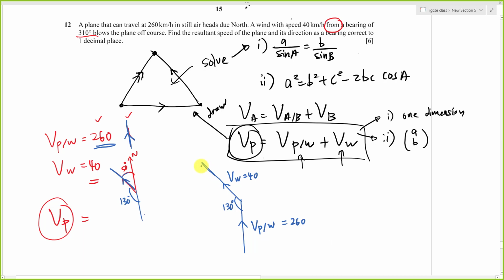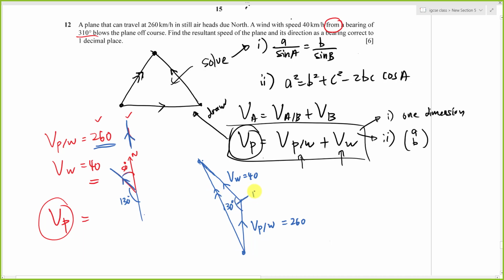Just draw any length you find comfortable. I try not to block the 130. So this one will be my line. And where is my resultant vector? The resultant vector must go from the starting point toward the ending point, so my resultant vector is actually going in that direction.